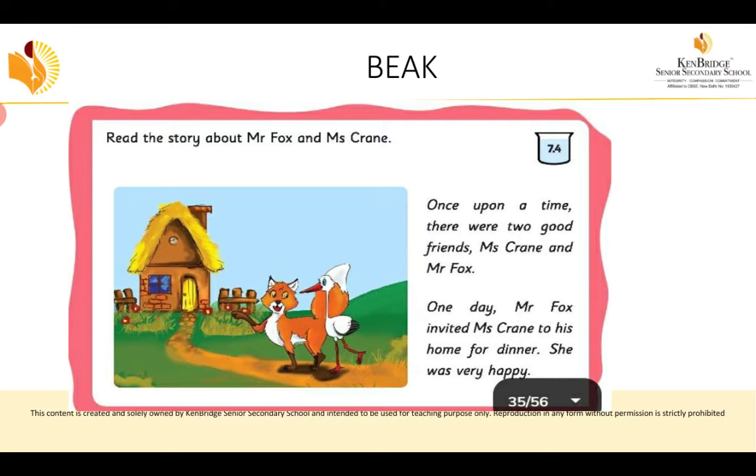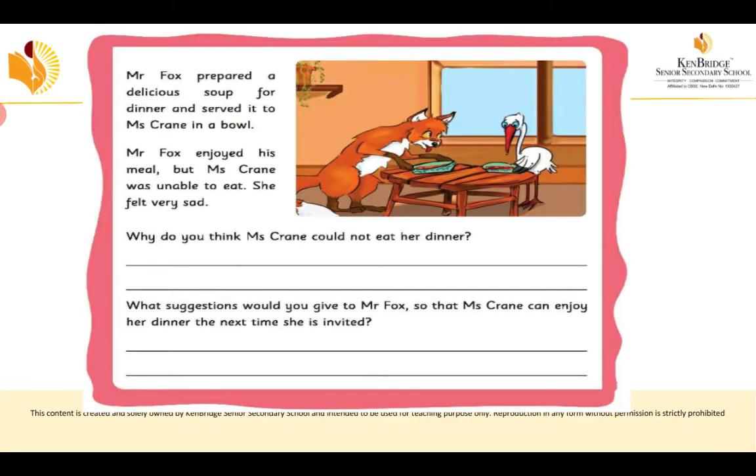Like that, the crane also felt very happy. Mr. Fox prepared a delicious soup for dinner. The soup was served to Miss Crane in a bowl.